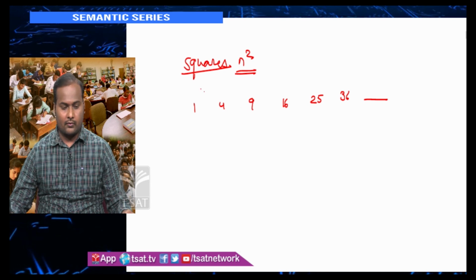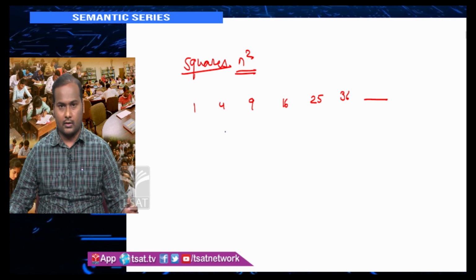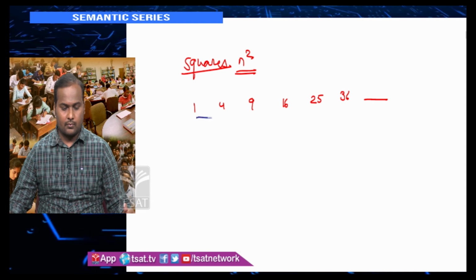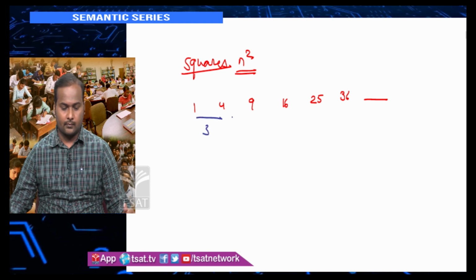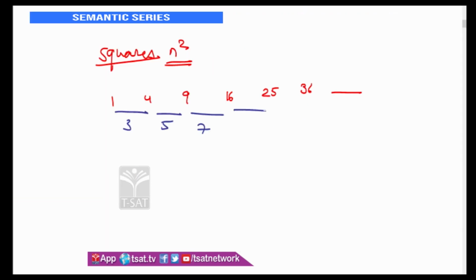Or the other way to solve this question is to take the difference, then also we will get the answer. Here the difference is 3, here 5, here 7, here 9, here 11. The moment you see the differences 3, 5, 7, 9, 11, obviously the next one will be 13. So you can observe the square pattern, or you can take the difference also.